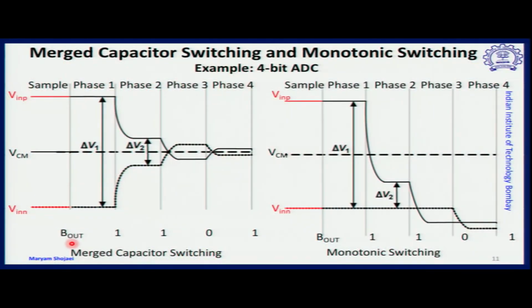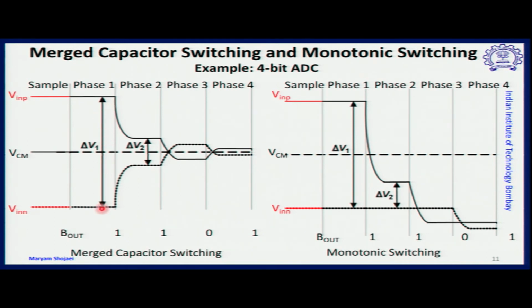So, on the left side, you see an example for a 4-bit ADC. And when V in P is more than V in N, and VCM is shown in this figure. So, the initial difference between V in P and V in N is shown by delta V1.